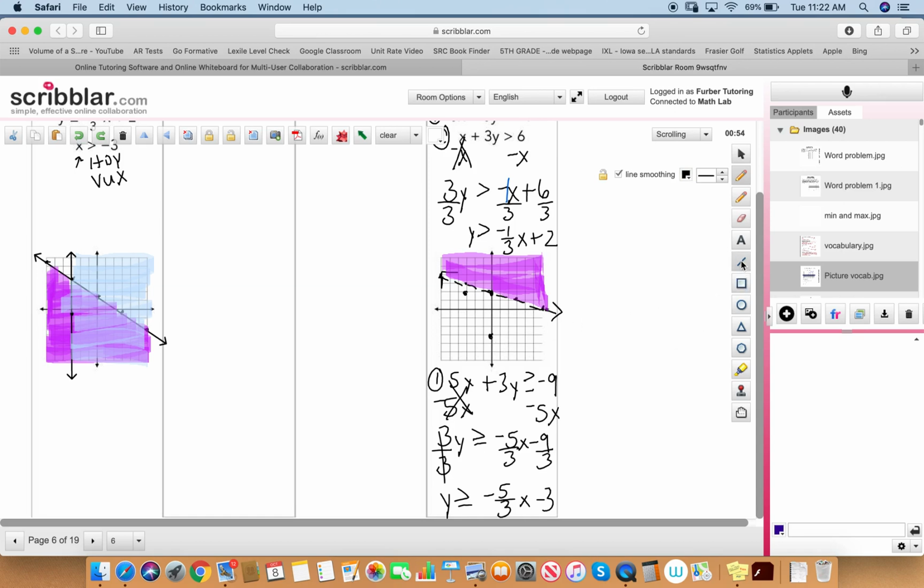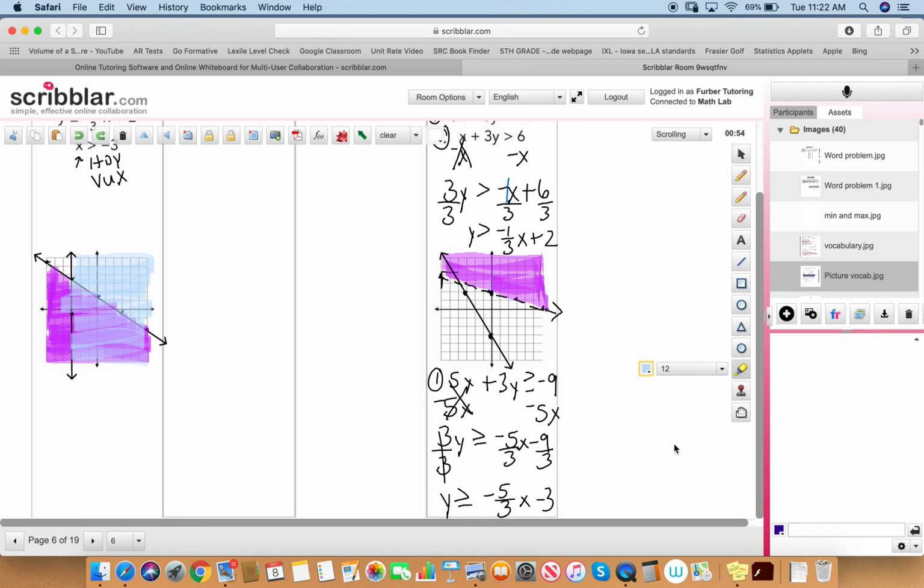So now, this one does say or equal to, so this one does include the line. So we'll make it a solid line. And it says greater than or equal to, so since it's running this way, above the line is almost the same thing as to the right of the line.